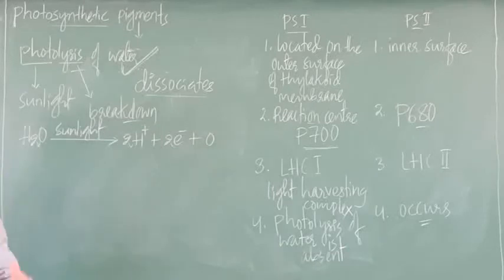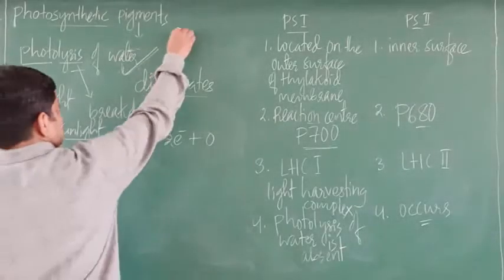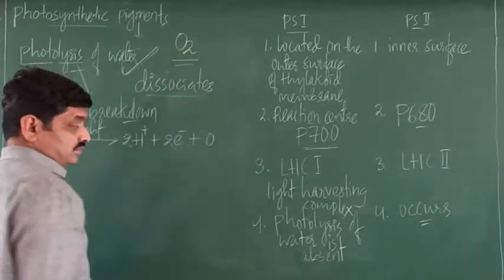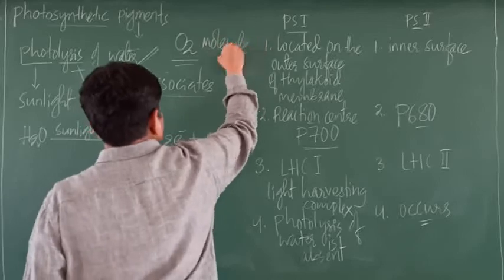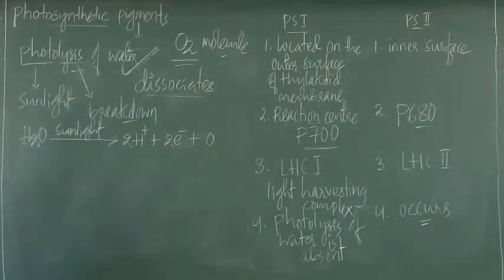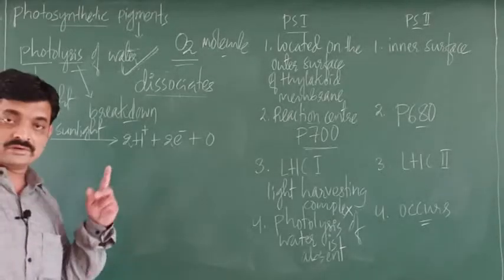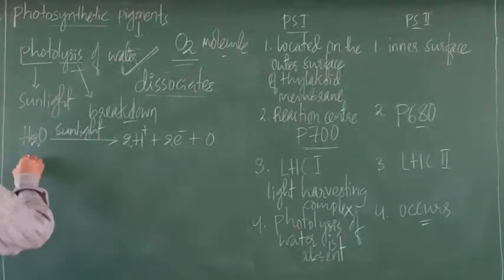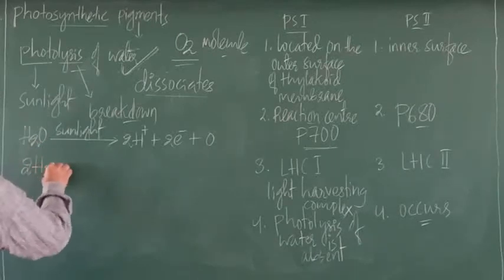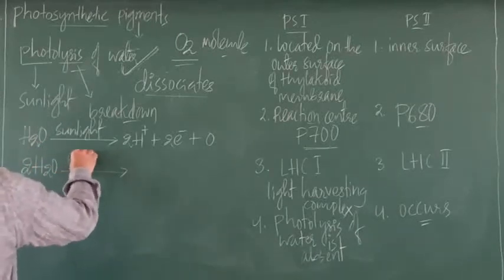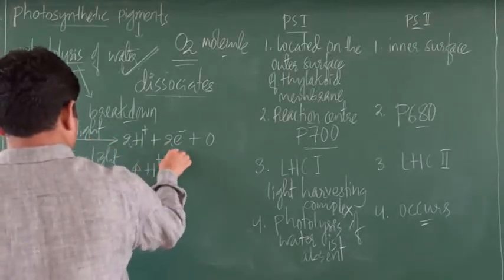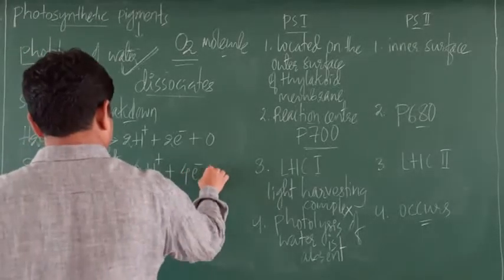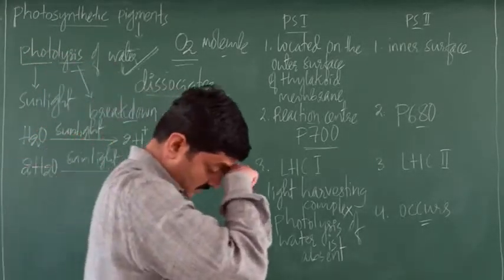To produce one molecule of oxygen, two molecules of water should undergo photolysis. So 2H2O in the presence of sunlight, see this reaction.